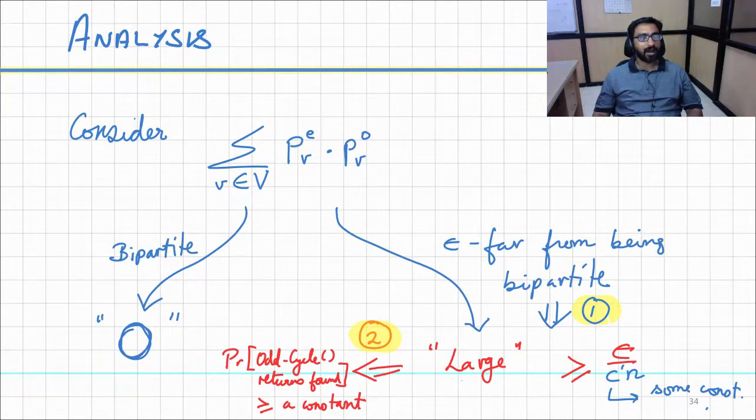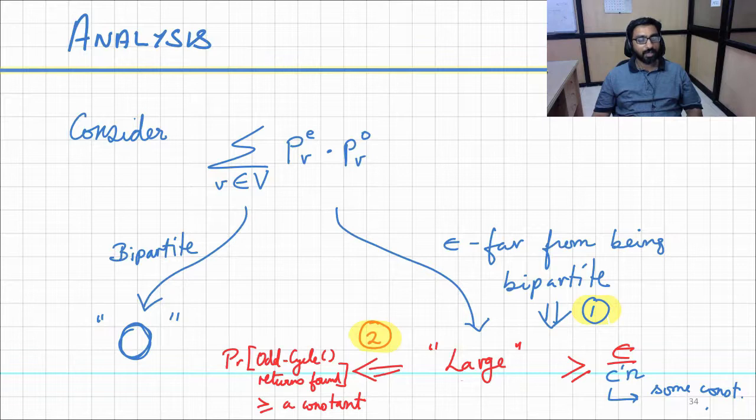If the graph is a bipartite graph, for each vertex V, either PV of E is 0 or PV of O is 0, because starting at S, each other vertex can only be reached by either an even length path or an odd length path. So one of these probabilities is going to be 0 if the graph is bipartite. So the entire summation is going to be 0.